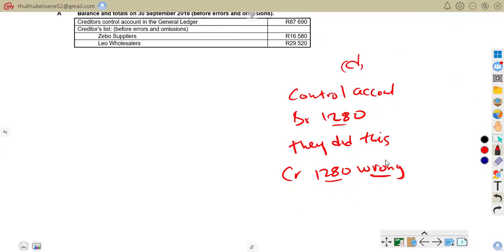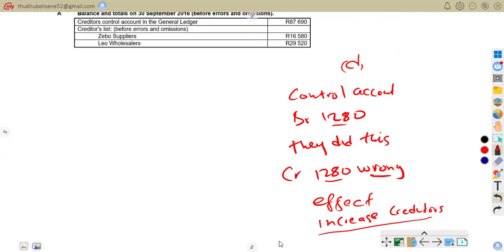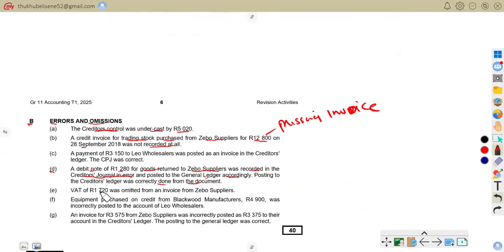So the effect of that mistake, it is going to increase what? The effect is that this is going to increase creditors, which is wrong. Because remember, this was for goods returned. If you can remember, this is a debit note of 1,200 for goods returned that was recorded in creditors journal in error.